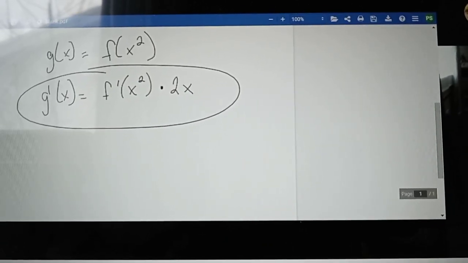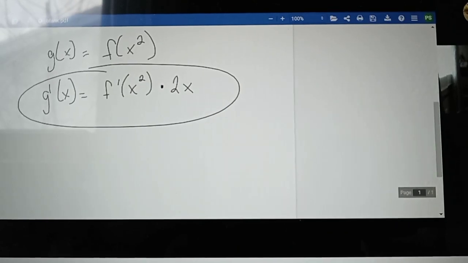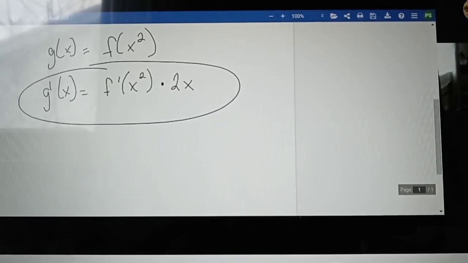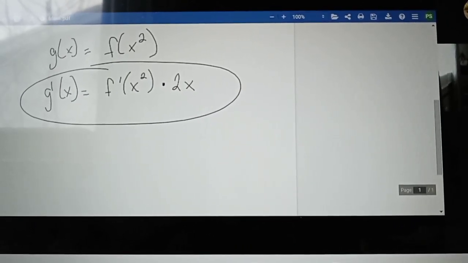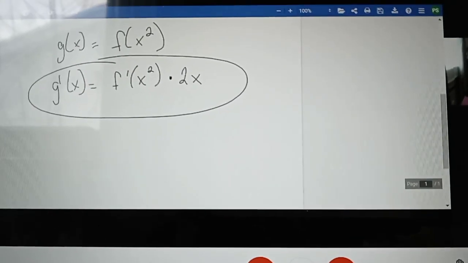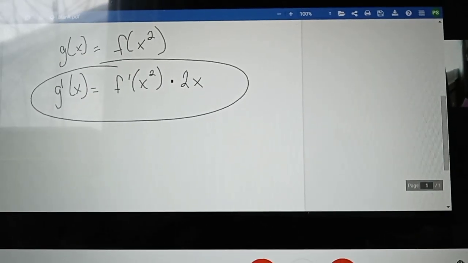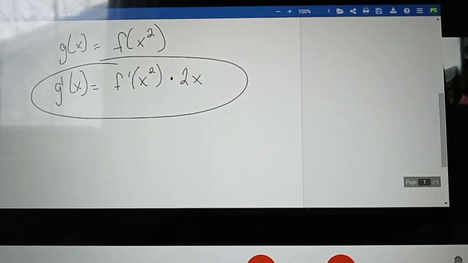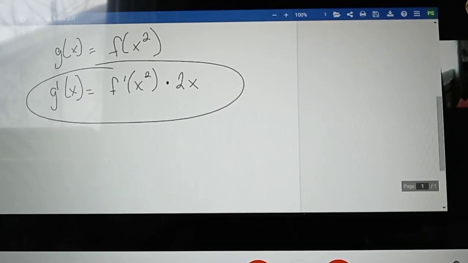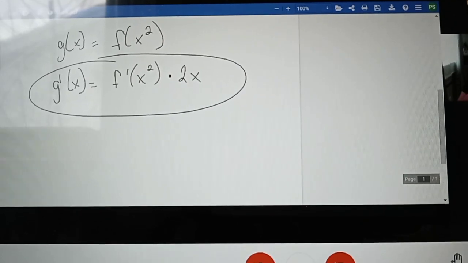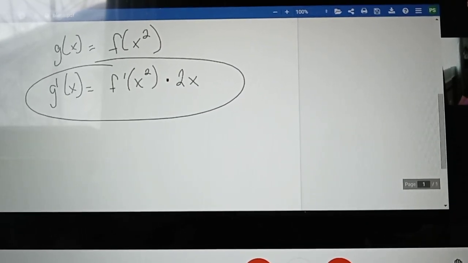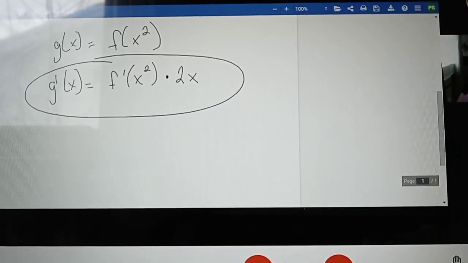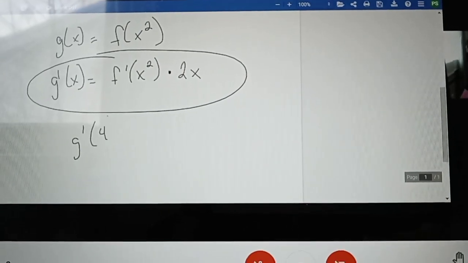And the thing is, typically what problems like this look like is they'll give you a chart of a bunch of different values. Like they're going to say g of 4 equals this, g prime of 4 equals this, and then they'll give you f of 4 equals this, f prime of 4 equals this, and then they're going to start asking you things like, what's g prime of 4?